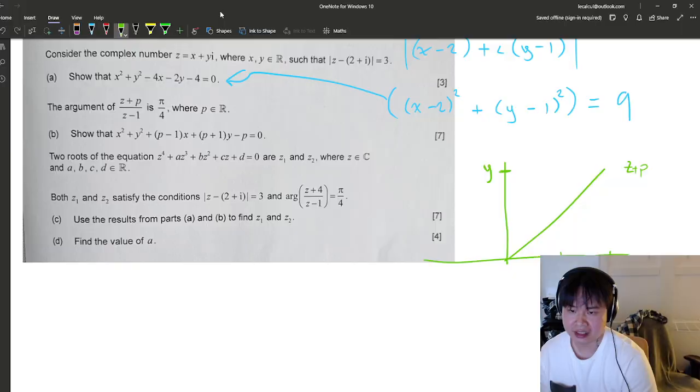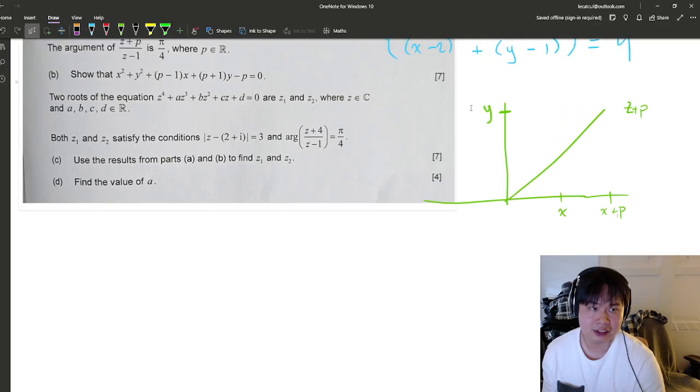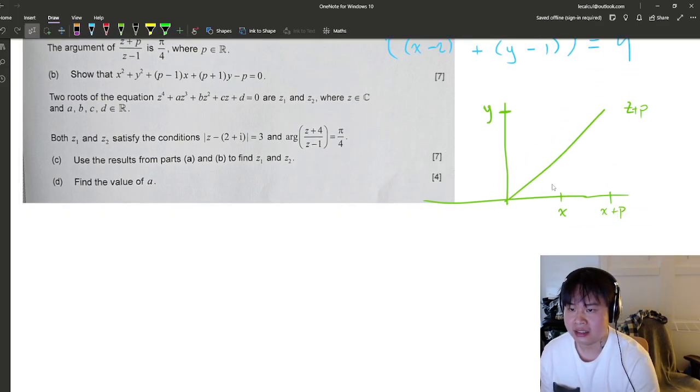Essentially, you're just taking the real part and then you're adding p to it because p is strictly real. Okay, and then this has an argument.